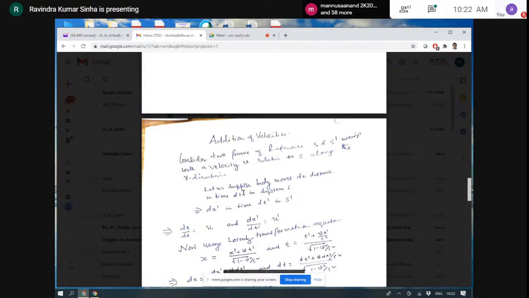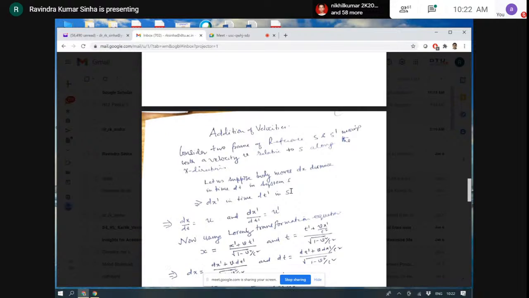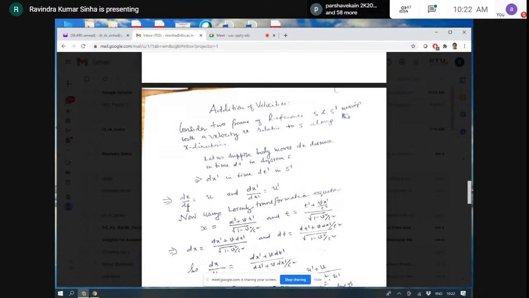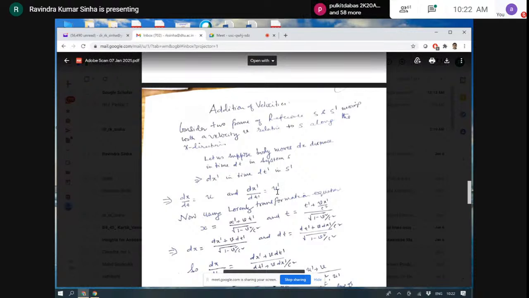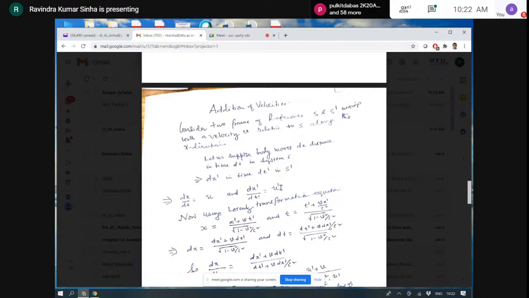And dx dash movement in time dt dash in the S dash frame of reference. So now if we have to measure the velocity, dx by dt will be u, the velocity from the stationary frame of reference, and this is the velocity in the moving frame of reference.